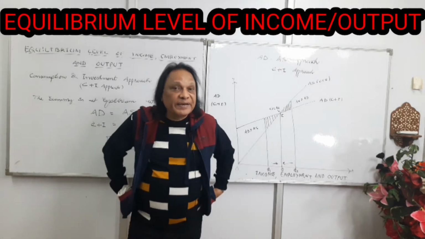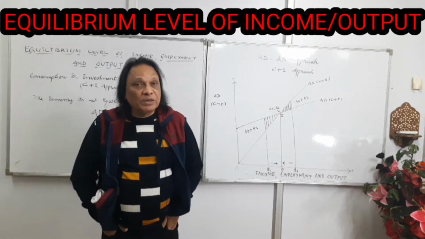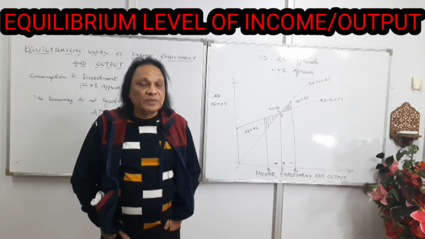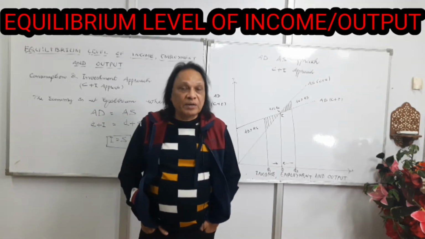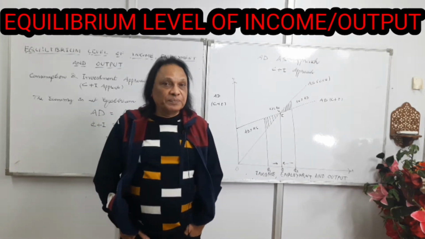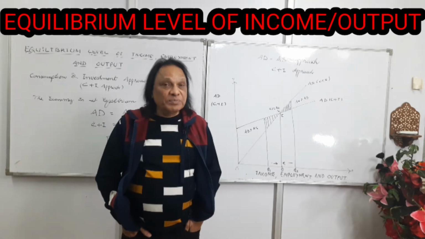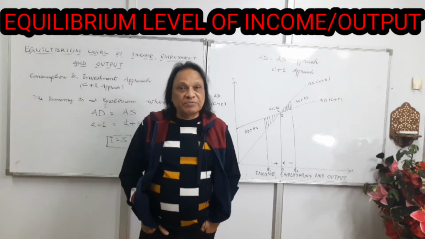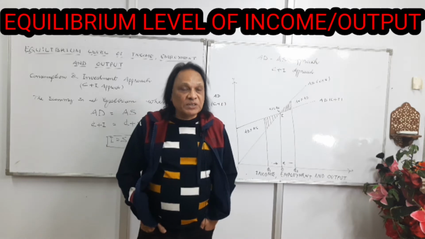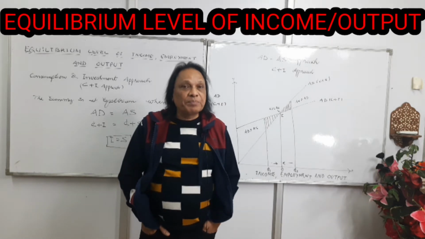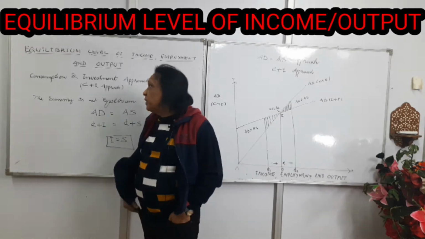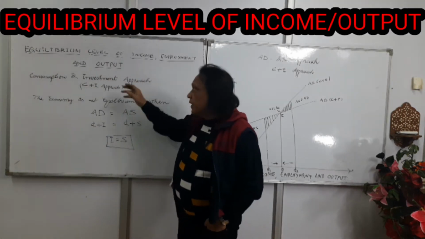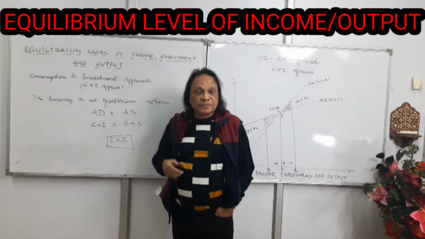Even in recent days, all the economies try to adopt the Keynesian concepts to achieve the equilibrium level or the full employment level in the economy. All the economies in the world are striving for the same concepts. What Keynes gave a long time back is still applicable. So let's see what is the equilibrium level of income, employment and output.